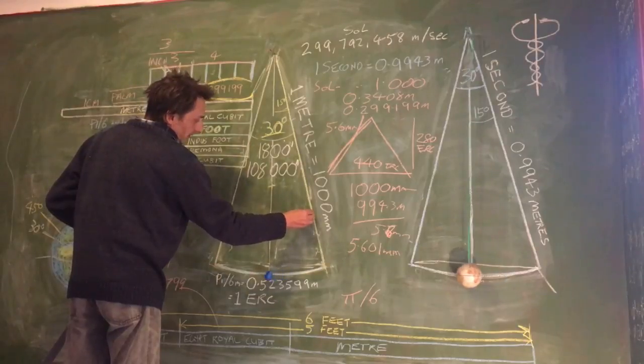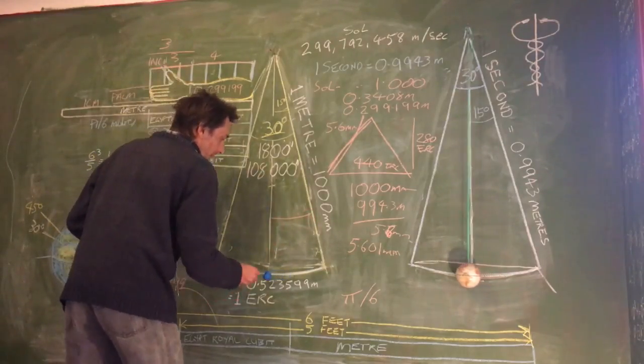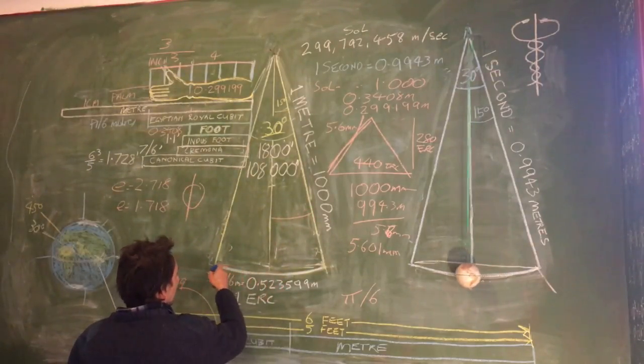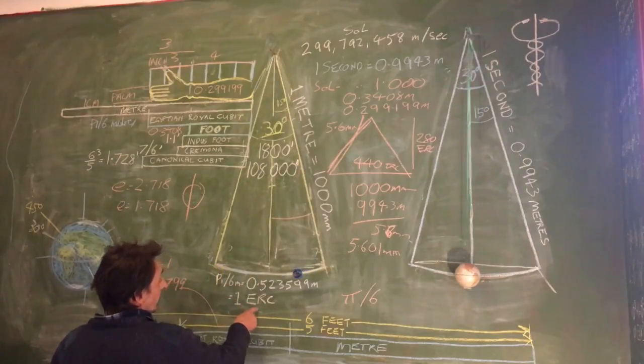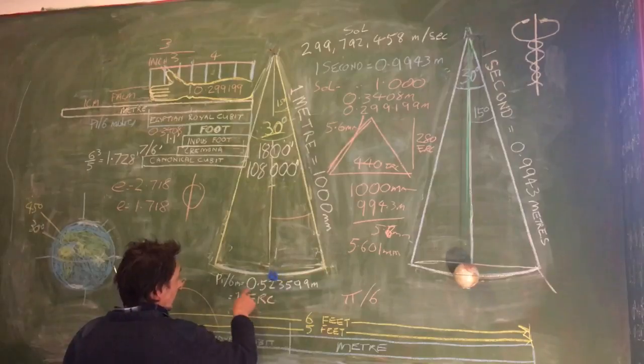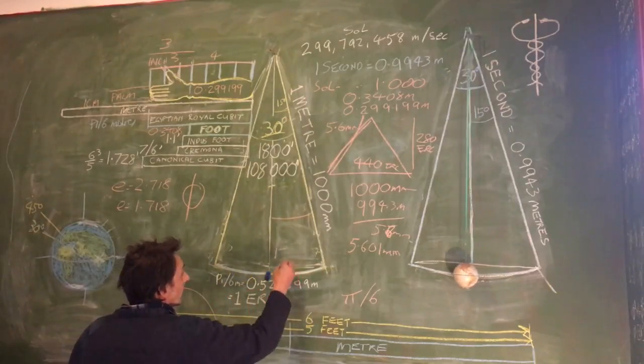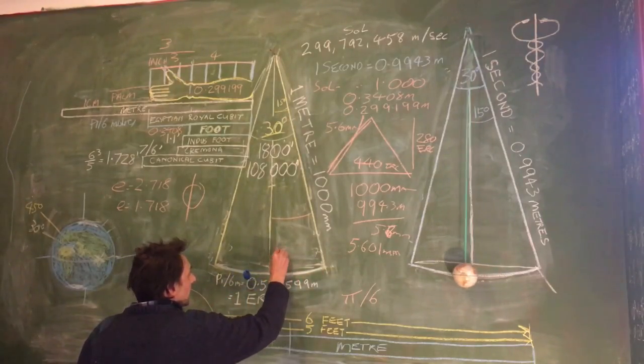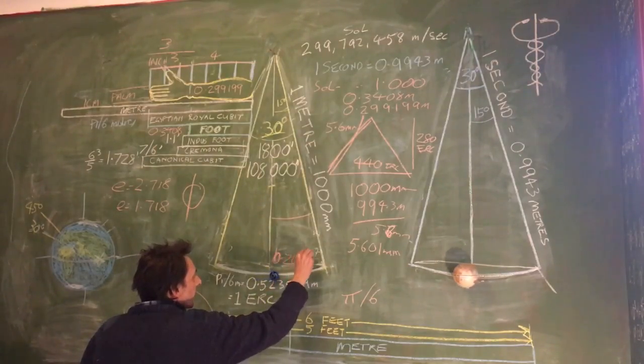15 degrees, you can do it in radian, okay, but what's the length of this arc? So we're using the speed of light metre, which defines the Egyptian royal cubit. The length of this arc is pi/6 minus 2, which is 0.261799 metres.